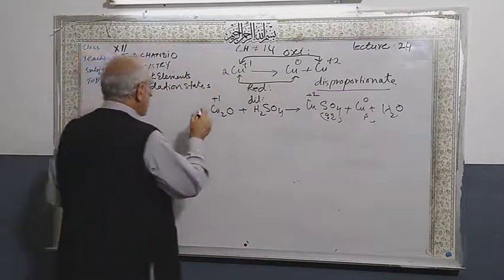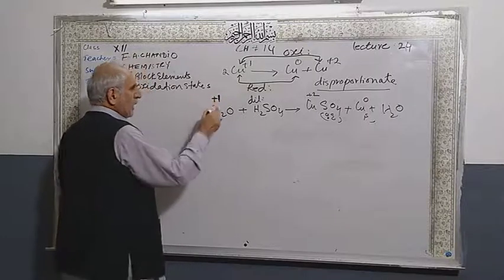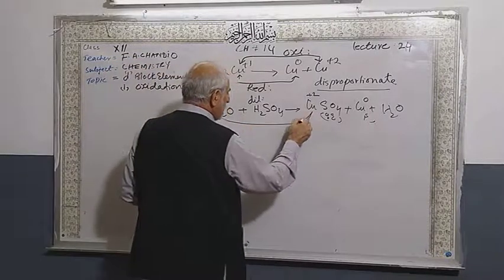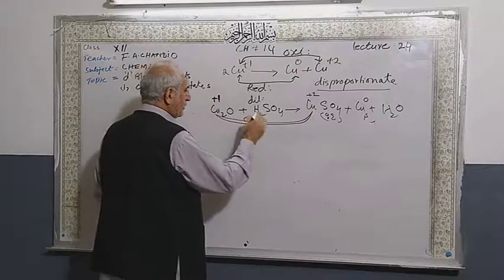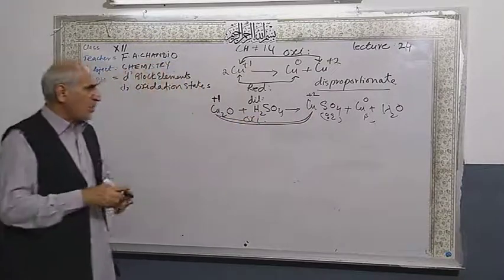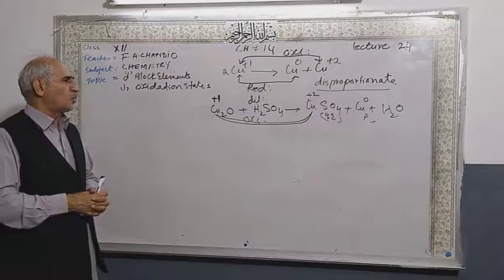So in the copper here the oxidation number is +1 and here copper is positive 2. This is oxidation, +1 to +2.